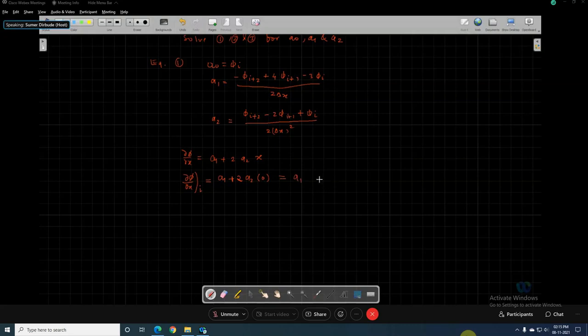Now A1 is itself this, so A1 is equal to minus phi I plus 2 plus 4 phi I plus 1 minus 3 phi I divided by twice delta x.